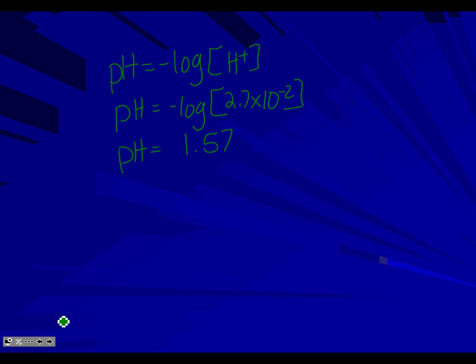Okay, let's see what else we can practice on. Let's try one that is actually a mixture of acids. And so we'll look at this mixture of acids and kind of figure out which one we need to use. And this should be example 14.9 in your textbook.